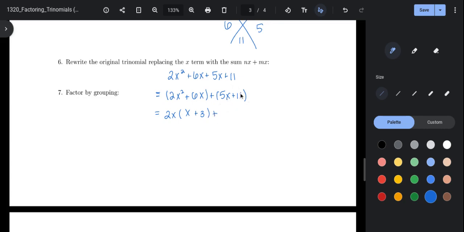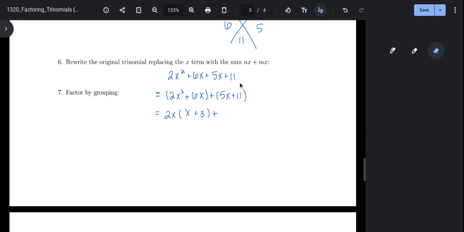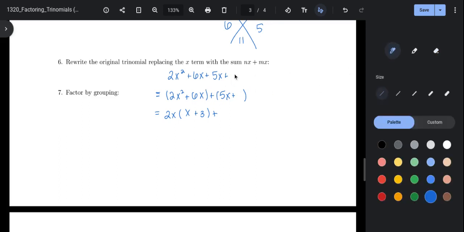And then in the second one, we have 5x plus 11. Oops, sorry, it shouldn't be 11. That is my fault. Our original polynomial was with our constant of 15. I apologize for that. So here we have 5x plus 15, and these have a 5 as their greatest common factor. So 5 times x gets us 5x, and 5 times positive 3 gets us 15.